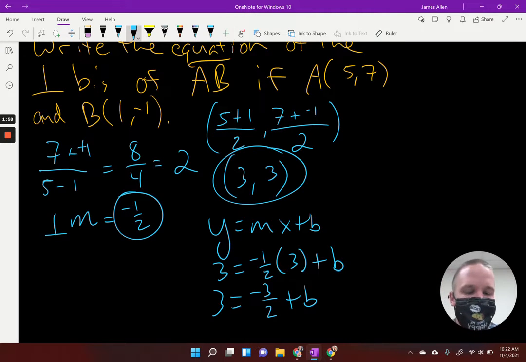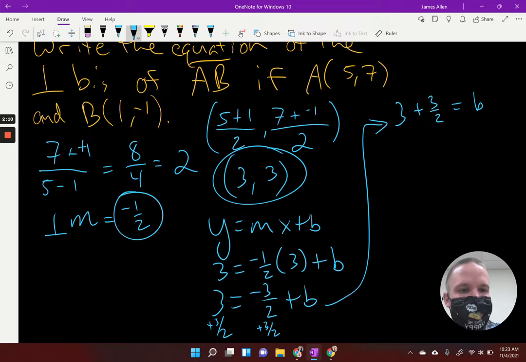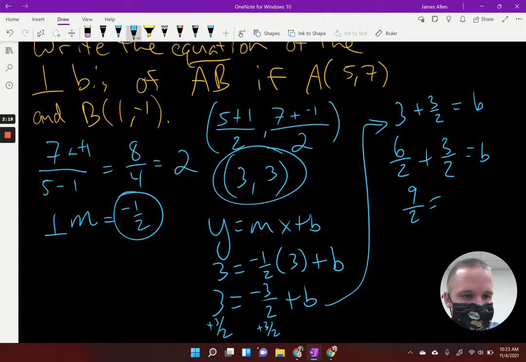I'm going to add 3 over 2 to both sides: 3 plus 3 over 2. I got to get a common denominator to get b here. So this would be 6 over 2 and 3 over 2 equals b. So I get 9 over 2 for b. My final answer is y equals negative 1/2 x plus 9 over 2.